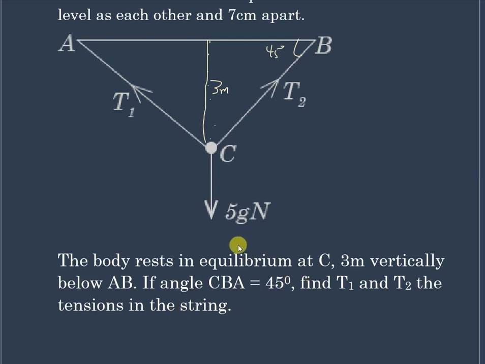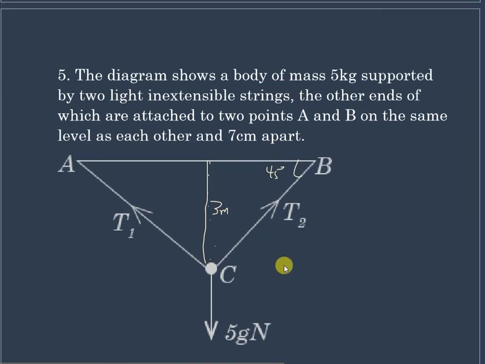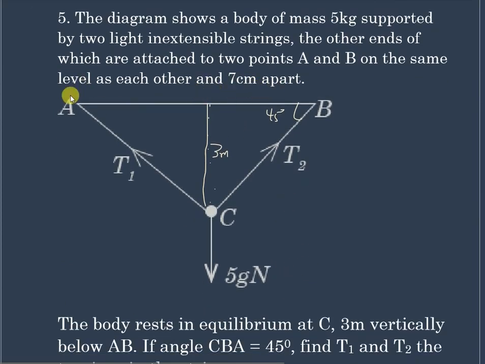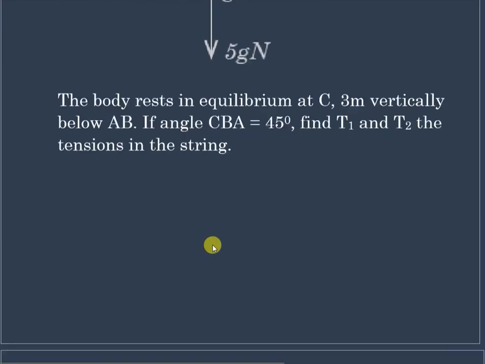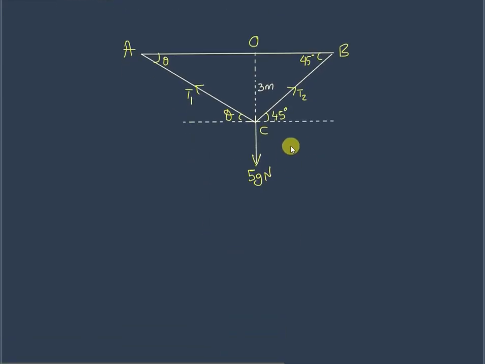We can try to summarize this. 7 centimeters apart, AB is 7, 3 meters, 45. We can solve this. I have tried to put some things that can help us to solve the problem. Particularly, I put the angle theta. We can find it. So look at triangle OBC.